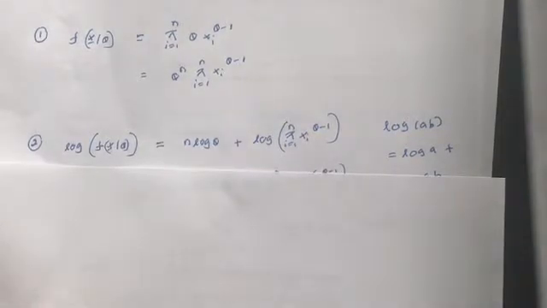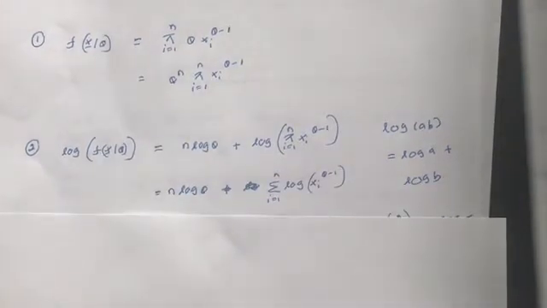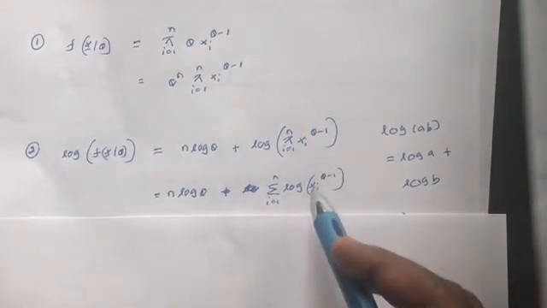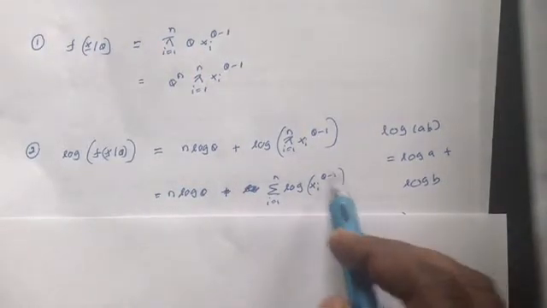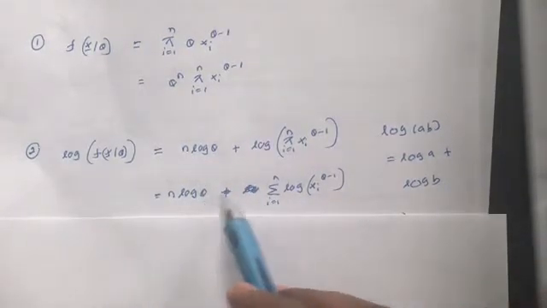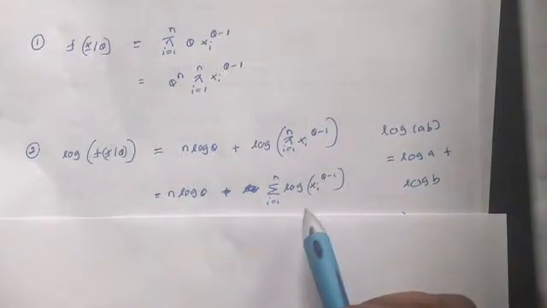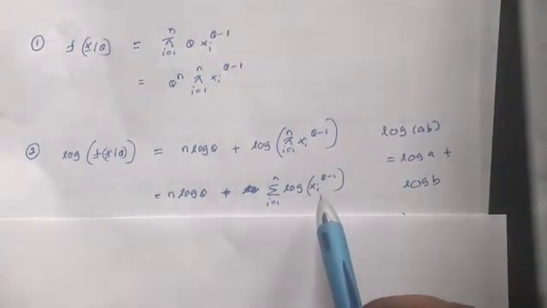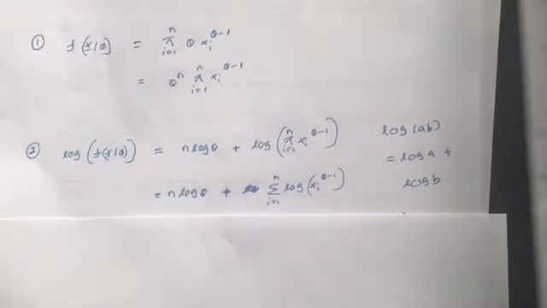Then I am going to use another property of log. If you have the log of a product, then you can write it as a summation of logs. So this will be equal to n times log theta plus the summation of log of xi to the power theta minus 1.